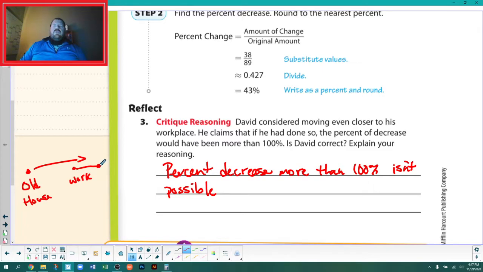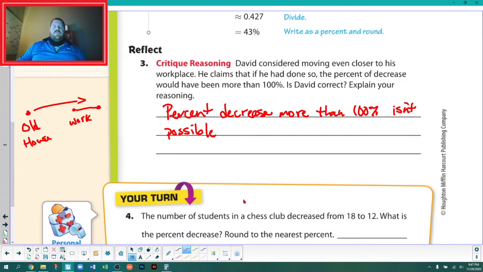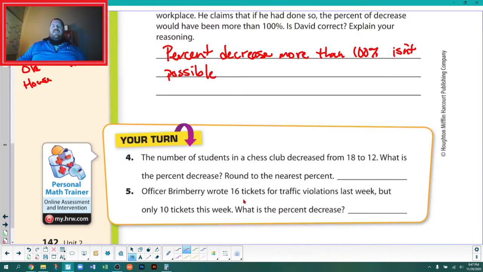So he may have moved over the entire distance to his work, which is totally possible, but it's still not a negative value for him to get to work. He doesn't have to go backwards. I don't know how you would want to say that. Regardless, he's still a certain number of positive miles away from his work. So that can't happen. And you can paraphrase that if you want to there. Just talk about why that doesn't work.